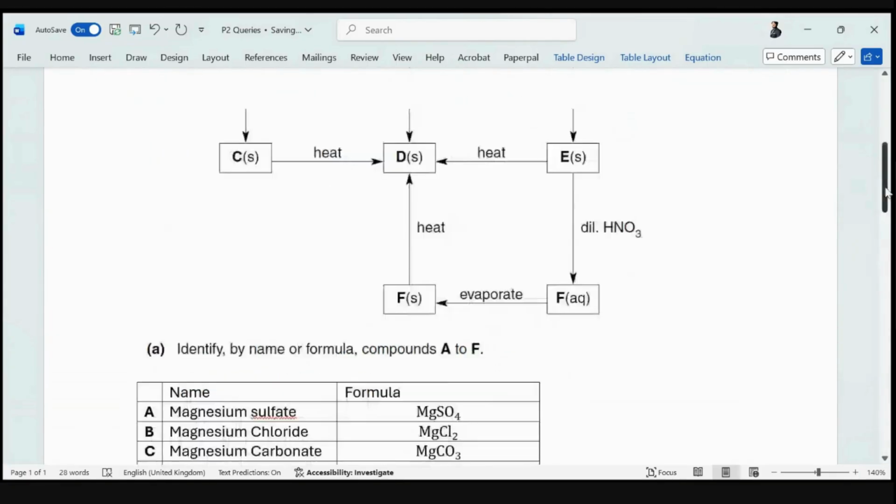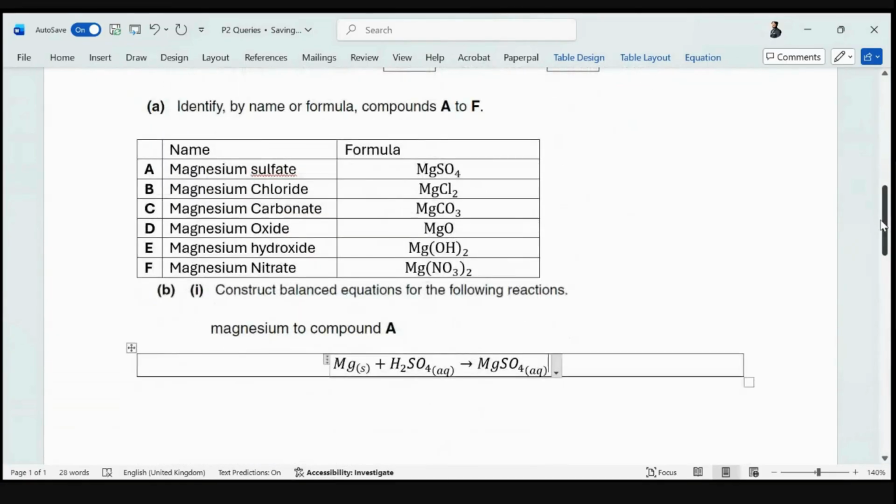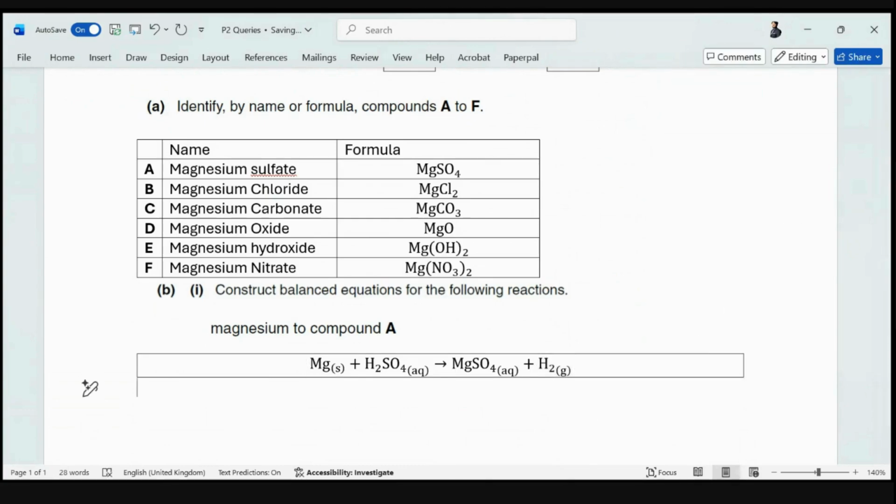Was it aqueous? Yes. Plus hydrogen. Is it balanced? Do we need to change any particular coefficients? No. This is good enough.